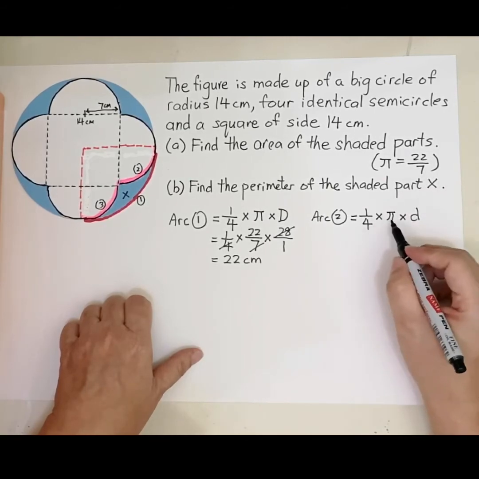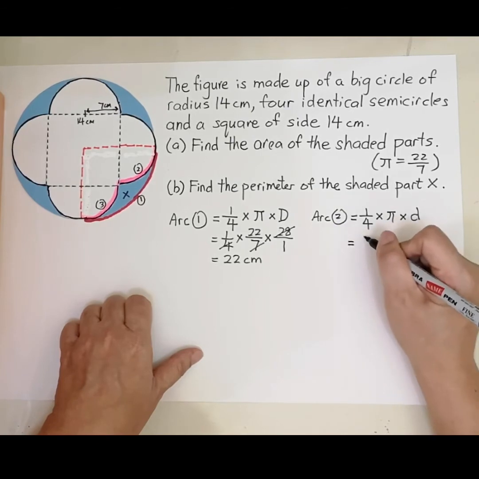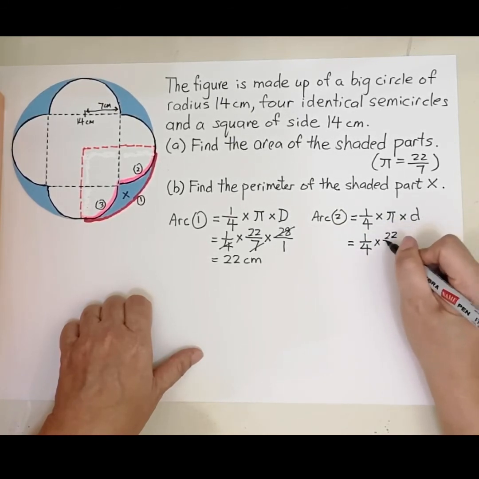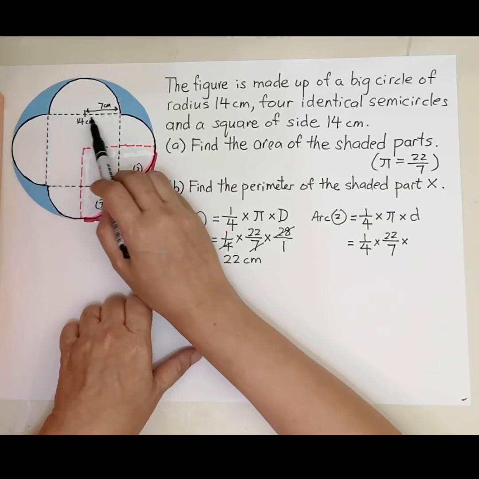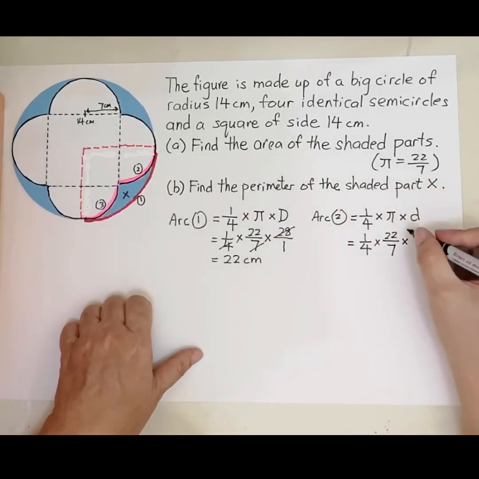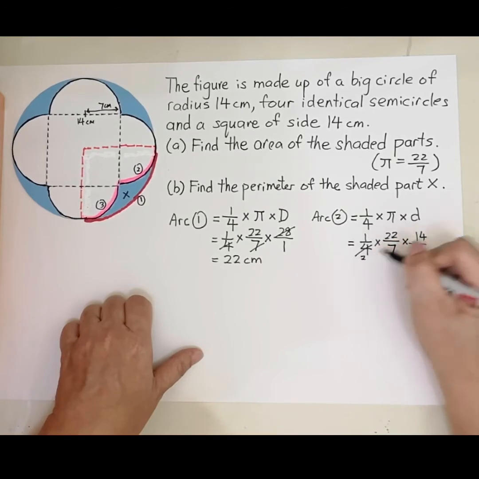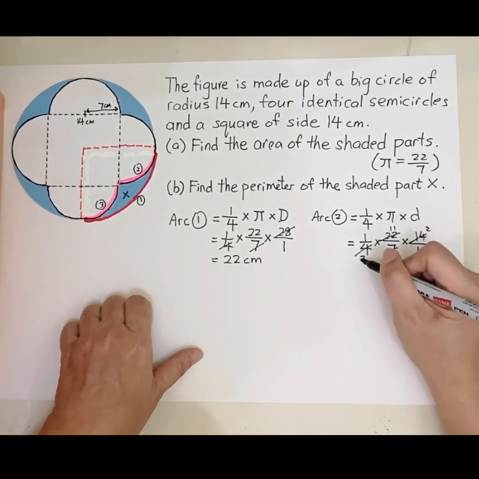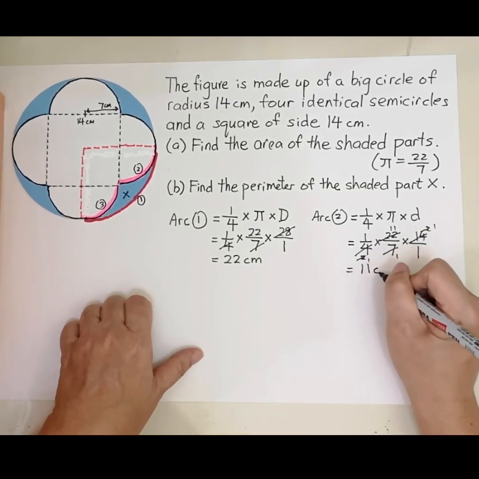So it's 1/4 multiplied by pi multiplied by diameter, so 1/4 multiplied by 22/7 multiplied by the diameter of the smaller semicircle, 14 centimeters. And that will work out to be 11 centimeters.